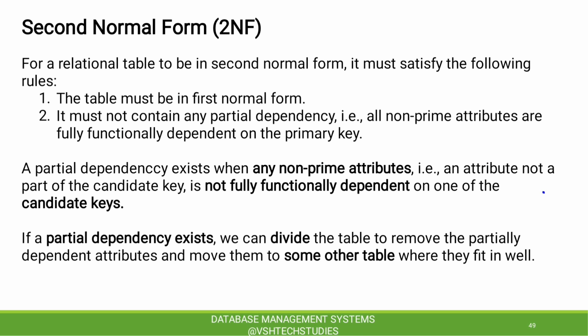A partial dependency exists when any non-prime attribute, that is an attribute not part of a candidate key, is not fully functionally dependent on one of the candidate keys. If a partial dependency exists, we can divide the table to remove partially dependent attributes and move them to some other table where they fit in well. In simple words, for a relation to be in 2NF, it should not contain partial dependency.